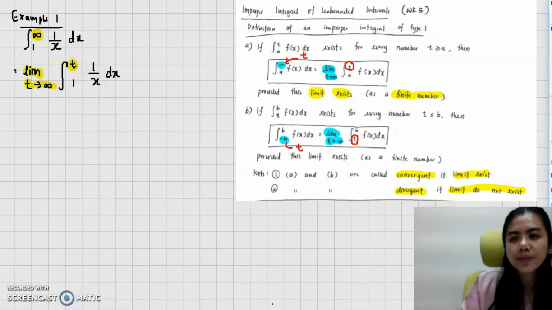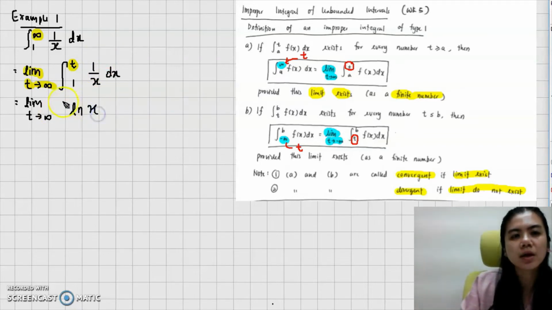Now what's the next thing that we should do? You have to rewrite the limit, and we're going to treat this as a normal integration. So 1 over x, if you integrate, this gives you ln x, with t here and 1 here.